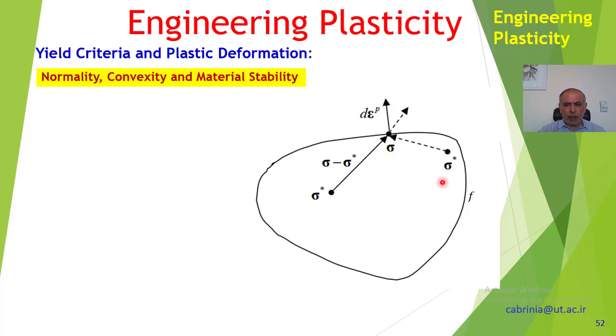And this is the surface shown by F. Sigma star is the elastic state of stress, and sigma is on the verge of plastic deformation or incipient yielding. Now, sigma minus sigma star is this vector.